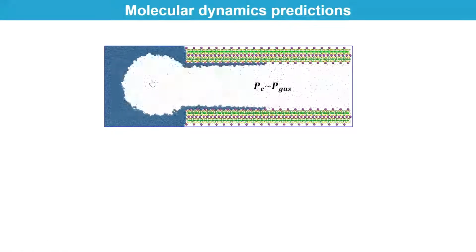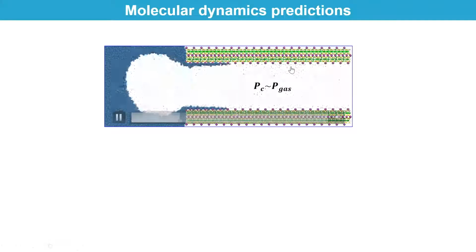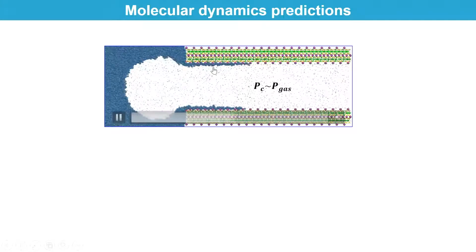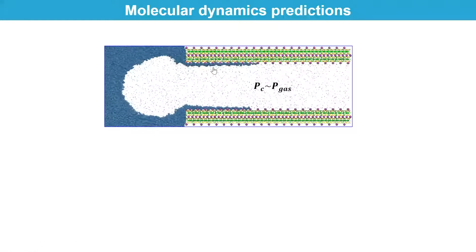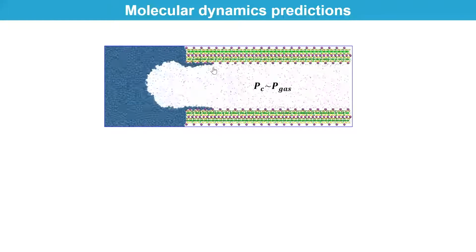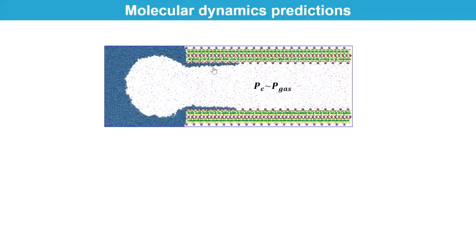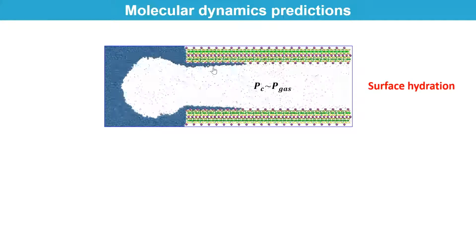In this case, the capillary pressure is still not sufficient to overcome the gas pressure here, so we don't see bulk flow like what we saw in the previous slide. Instead, we see water molecules nevertheless can go into the pore as some sort of thin layers. We can look more carefully at this thin layer by focusing on a few strips.